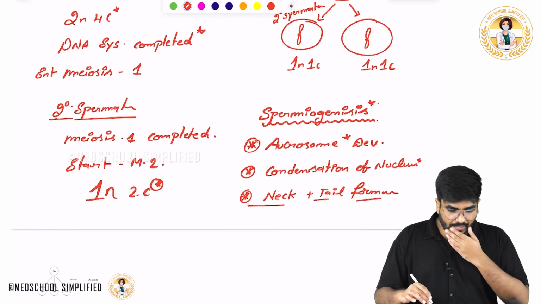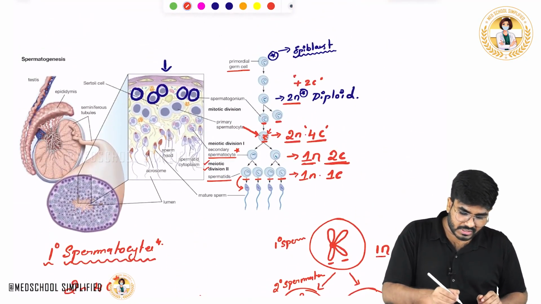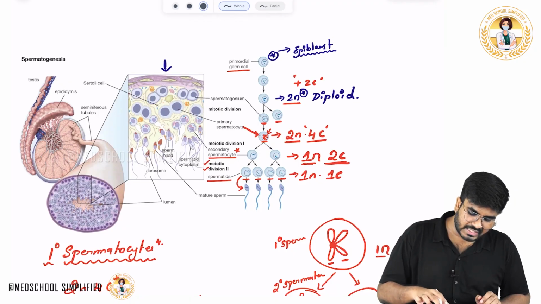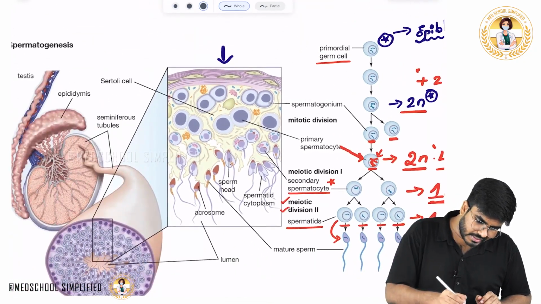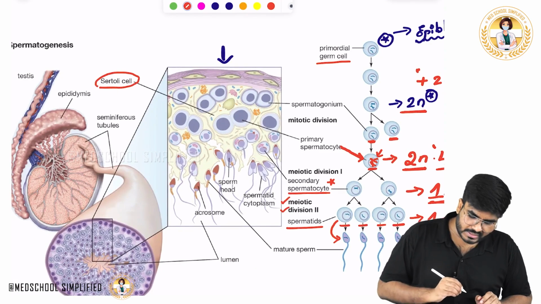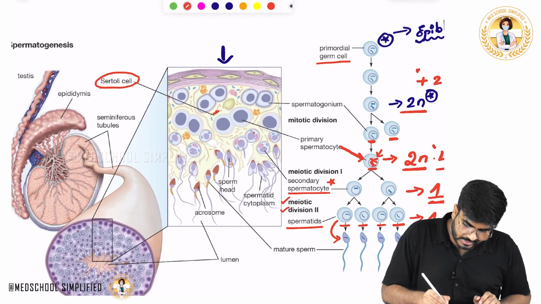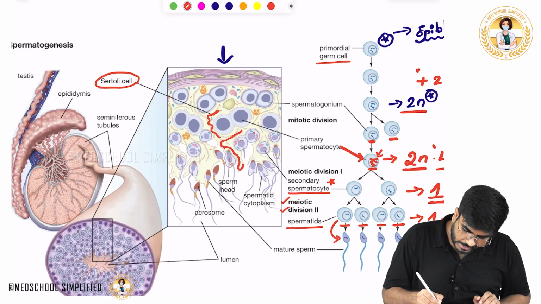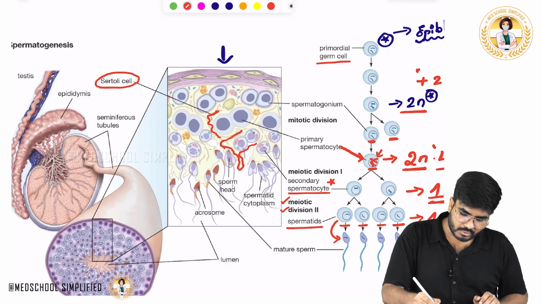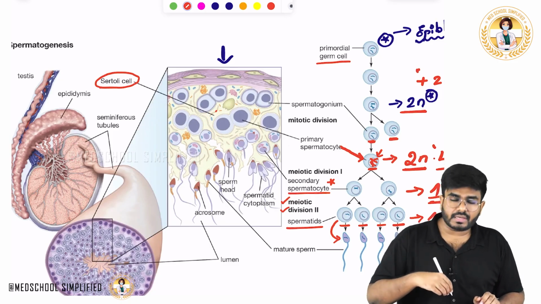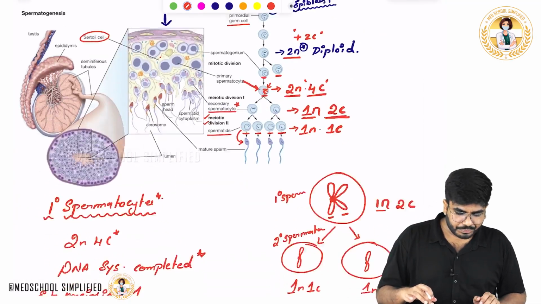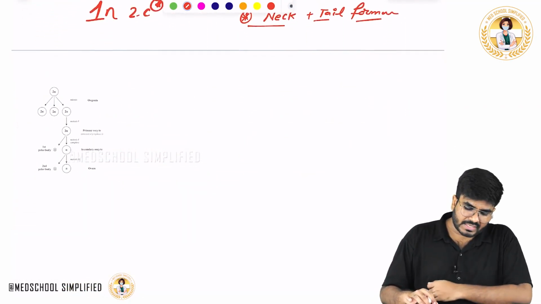Now, what else I have to teach you regarding spermatogenesis is that there are certain cells which are assisting this process. For example, look here, there is a Sertoli cell. All these cells present over here are the Sertoli cells. See this total yellow color cell, which I have shown here, that's a Sertoli cell.